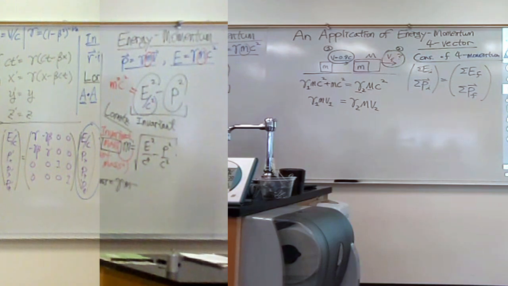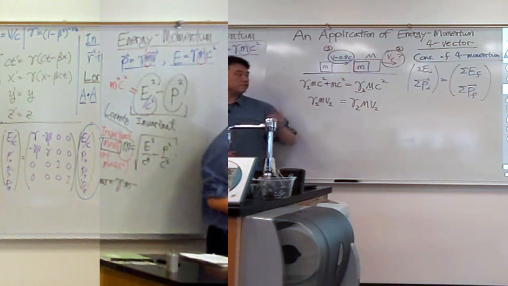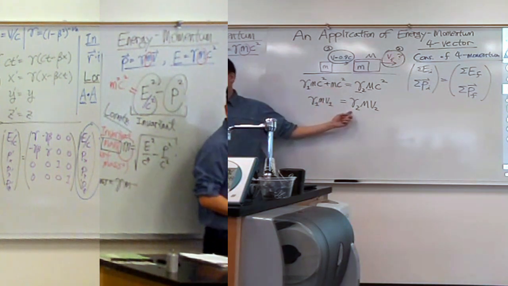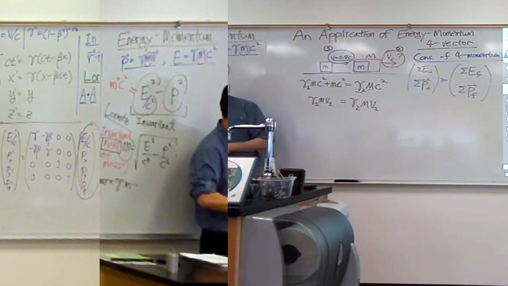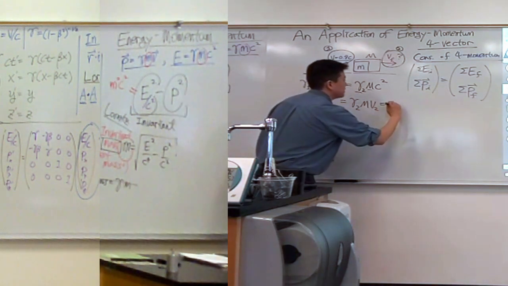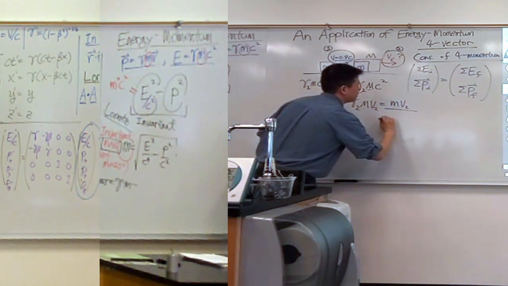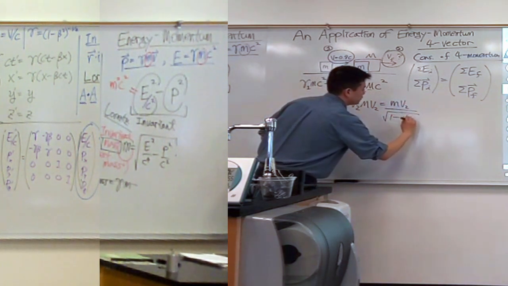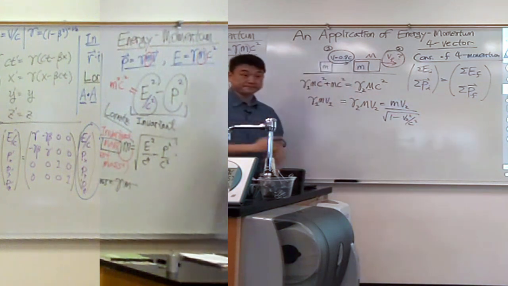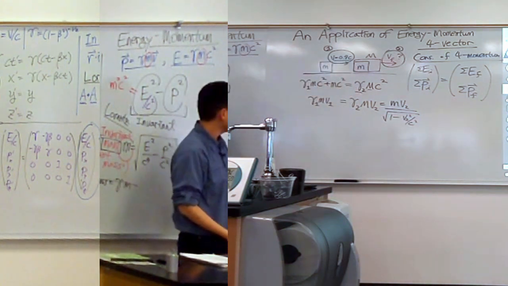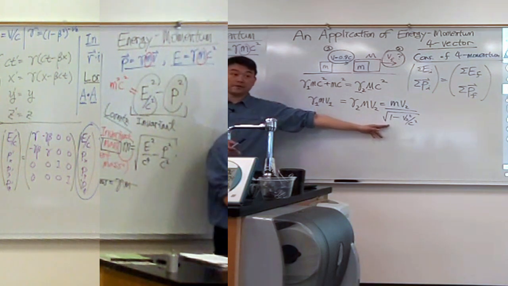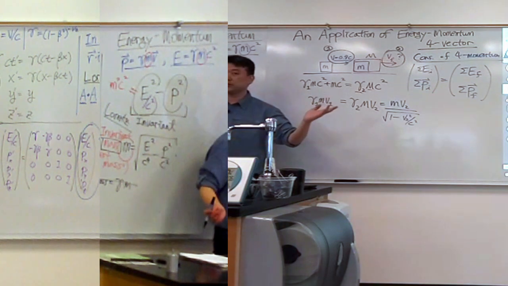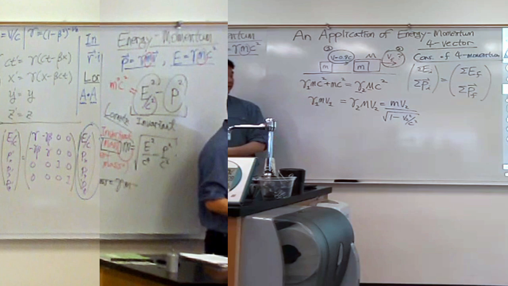I would rewrite gammas in terms of V. So when I see this, my first instinct would be to rewrite it as m v2 over the square root of 1 minus v2 squared over c squared. The algebra that results from this first step will usually be complicated because you are squaring stuff, you are square rooting stuff. It ends up being somewhat complicated.